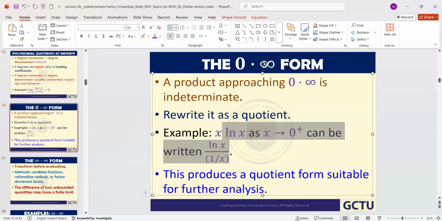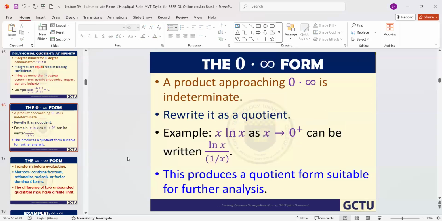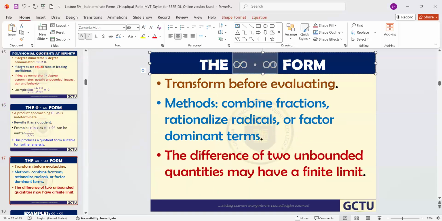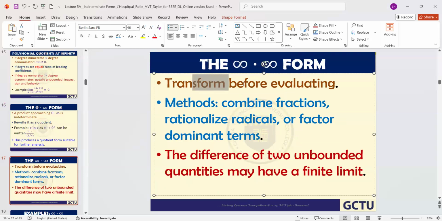Can the function be rewritten so that it looks like a fraction? Then do that. Then when we have infinity minus infinity, you must first of all transform before evaluating, because if you evaluate directly, you will not get the correct answer. So the methods involved in this are combining fractions, rationalizing, radicals, or factoring dominant terms.